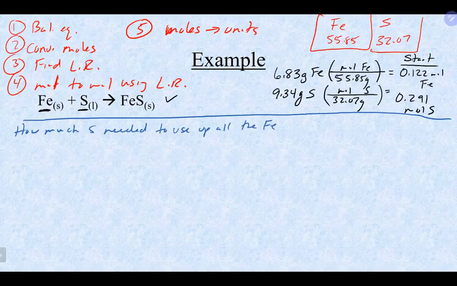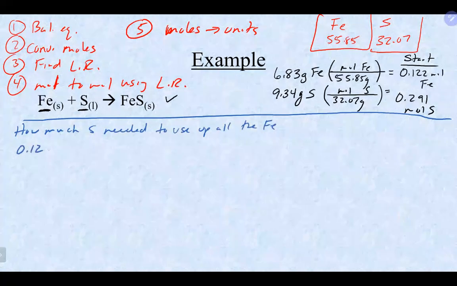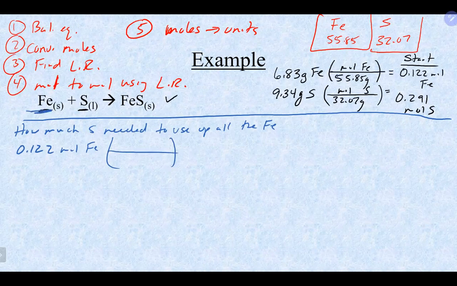So I'm going to take my starting amount of iron, which is 0.122 moles of iron. We're going to do a stoichiometry calculation between the two reactants, which in this case is a 1-to-1, makes it easy. 1 mole of iron is 1 mole of sulfur. The moles of iron cancel.